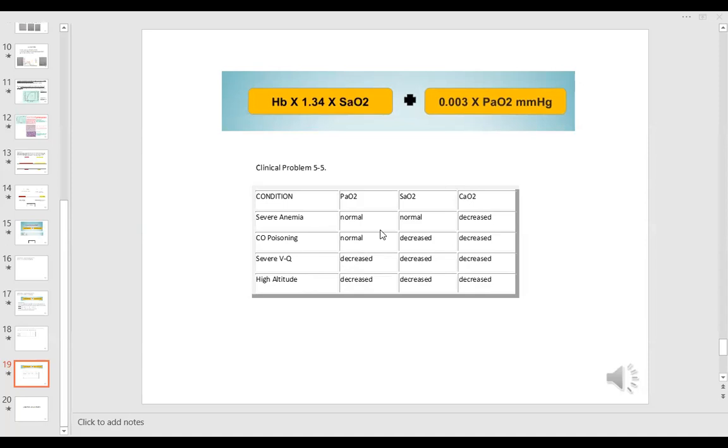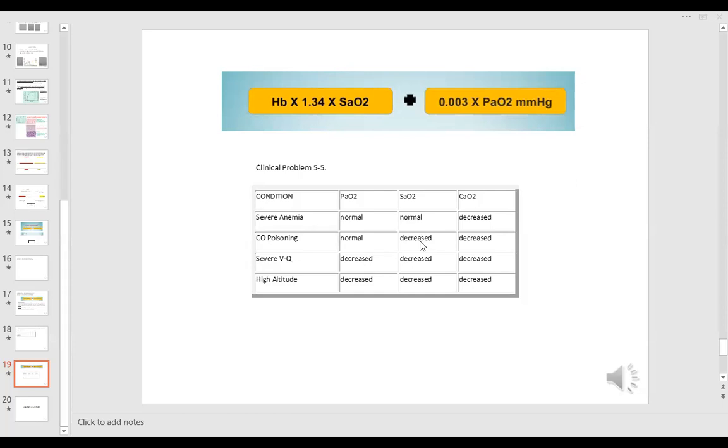So the anemia can be normal with partial pressure of oxygen because it has nothing to do with the partial pressure of oxygen. It just has lower hemoglobin, which can give you a normal saturation of oxygen. Carbon monoxide, you could have a normal partial pressure of oxygen. You just can't use that oxygen.